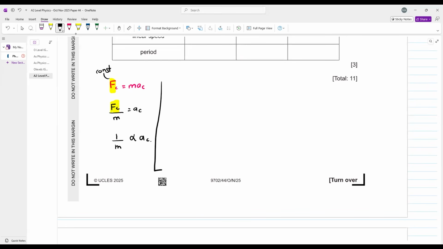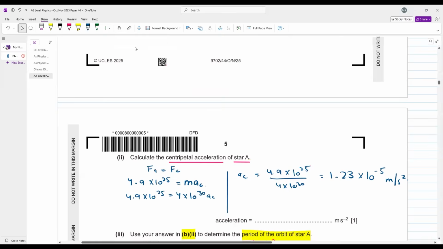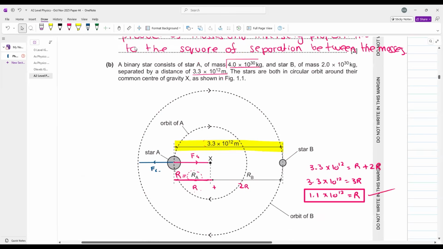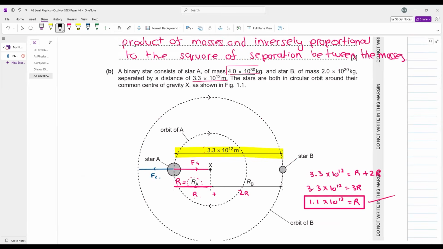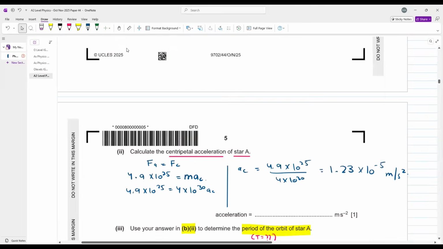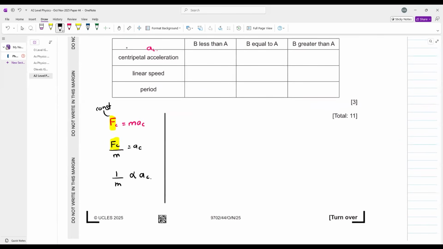Now, अगर आप थोड़ा सा realize करो, and if you remember, star A का mass is greater than star B का mass. अगर आपका mass greater है, that means the centripetal acceleration of star A will be less than the centripetal acceleration of star B. So any answers like that?